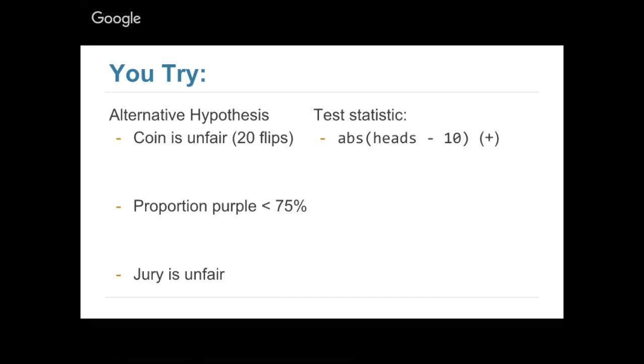Yes? Should we divide it by 2 then? Should I divide it by 2 if I do heads minus tails? Dividing by 2 doesn't quite make a difference in that case, because you take your distribution and your observed value and you look at the area.